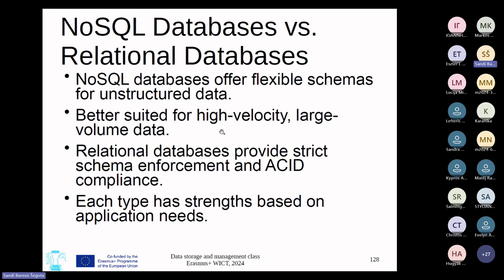Relational databases, it says here, provide strict schema enforcement and ACID compliance. Non-relational databases, like NoSQL, don't. So it's making a sacrifice. For example, it won't guarantee atomicity, but sometimes you don't need it.